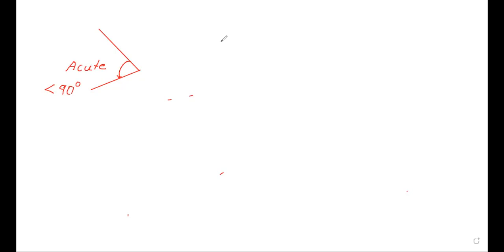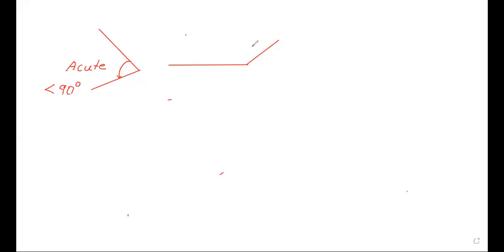We have a look at an angle that is more than 90, but less than 180. And this kind of angle is called an obtuse angle.